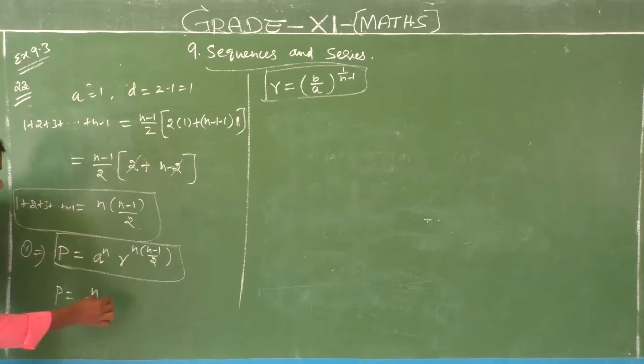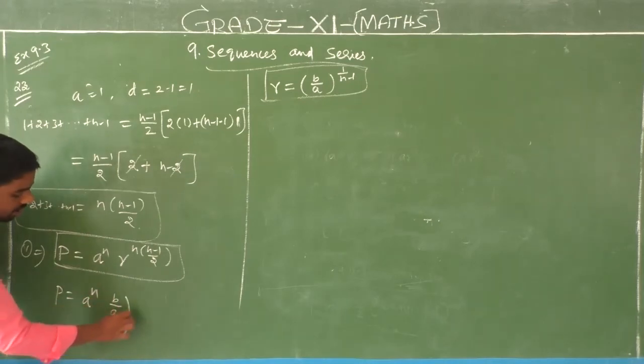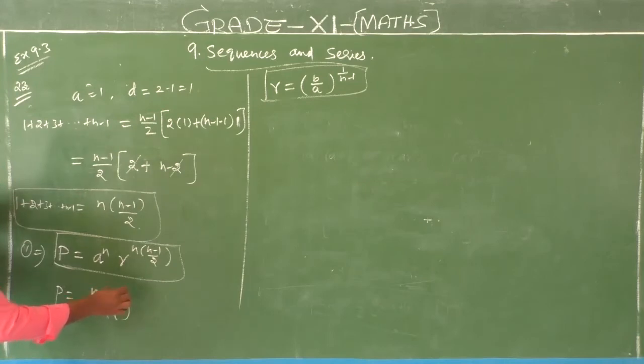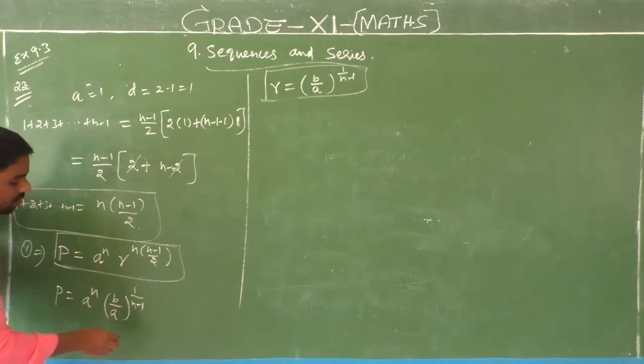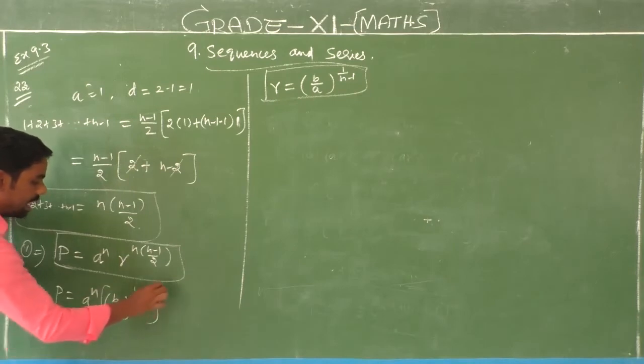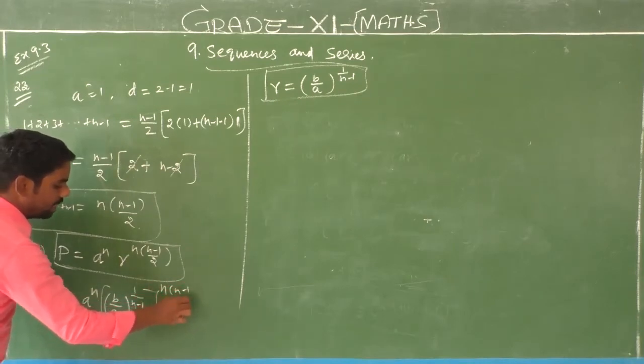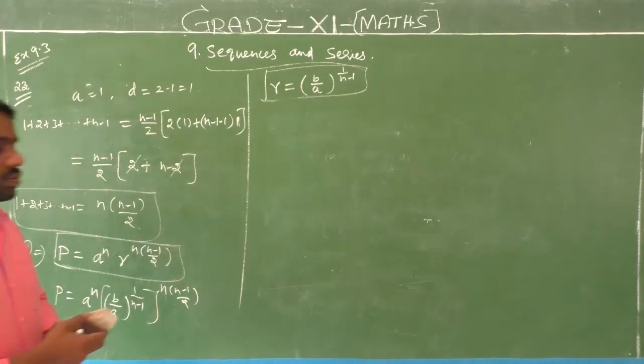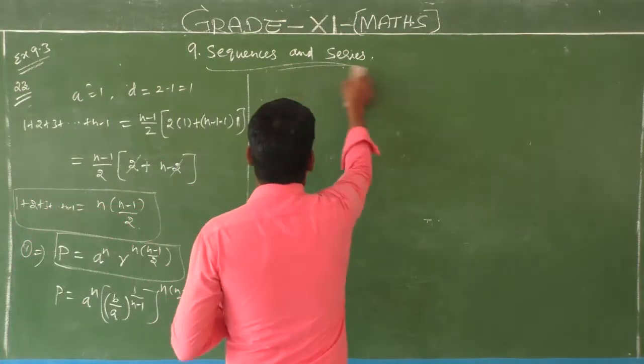So substitute this value: (B/A) whole power 1 by n minus 1, whole power n(n-1)/2. Simplify this.